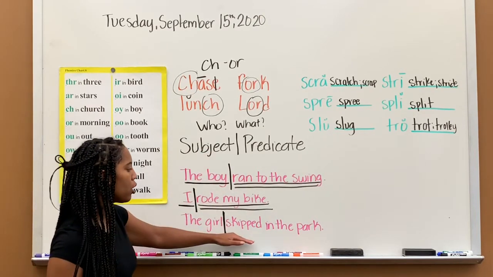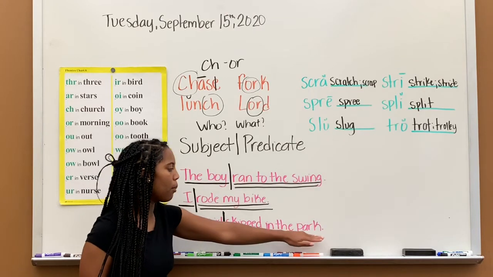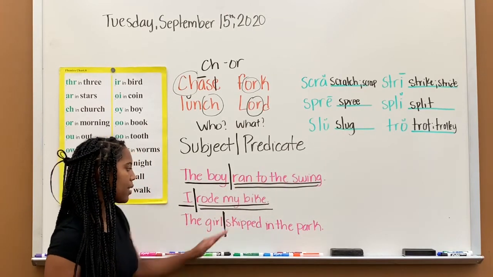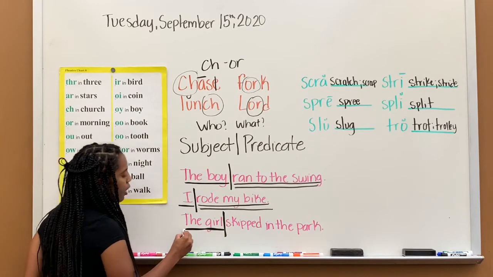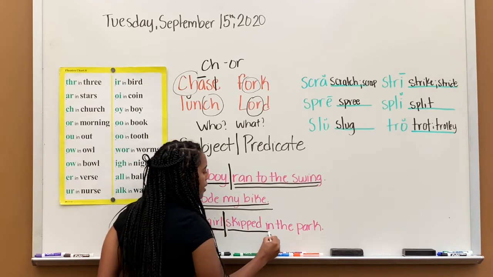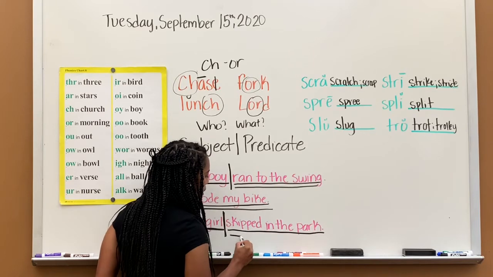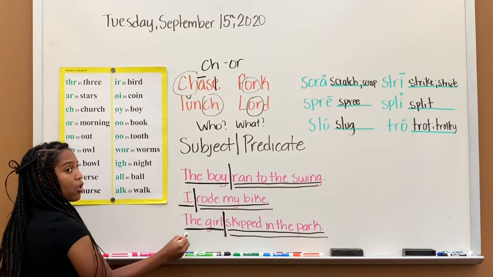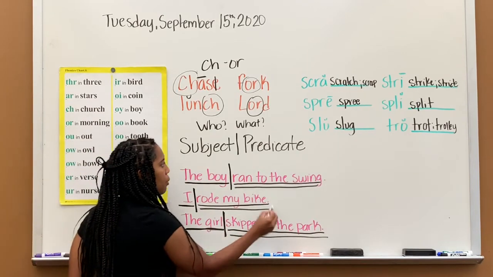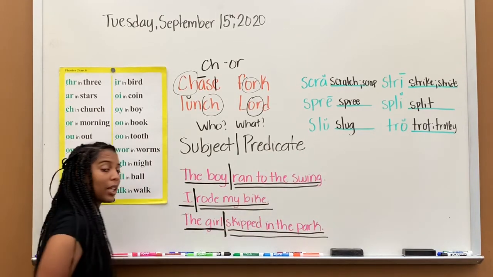Predicate, what does she do? Skipped in the park. Predicate part of my sentence. I underline the subject once, the girl. Underline my predicate twice. Skipped in the park. Again, the girl, subject, that's who it's about. Skipped in the park, predicate, that's what she did.